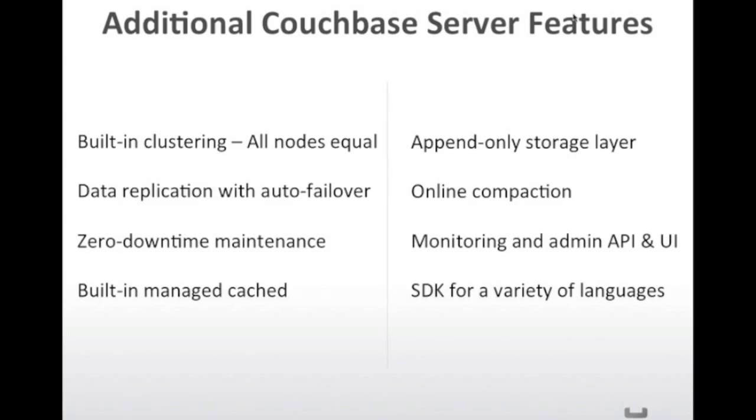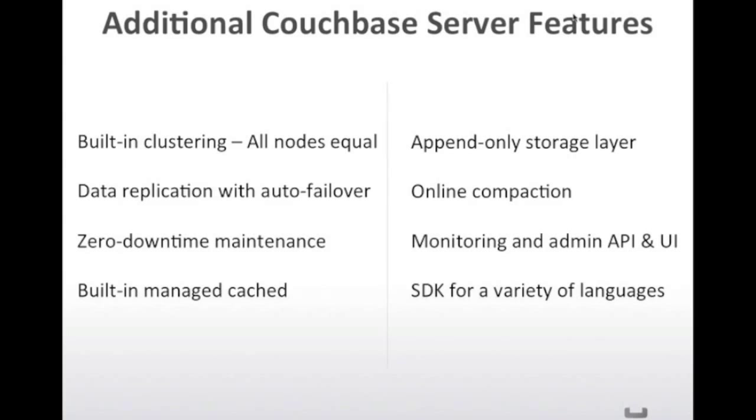It could be a single point of failure. There is no such single point of failure in Couchbase. All nodes are equal, so if failure happens, we will just handle it gracefully. There is data replication with automatic failover possible. Manual failover is also possible. And like I mentioned, we have zero downtime for maintenance.